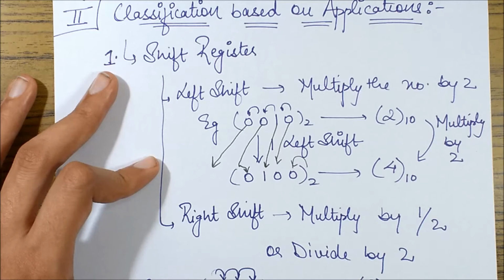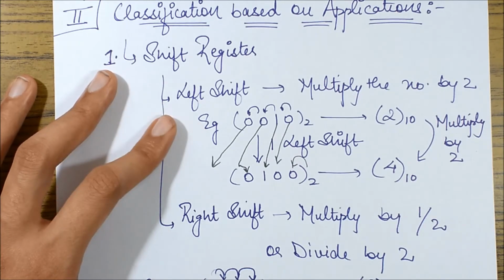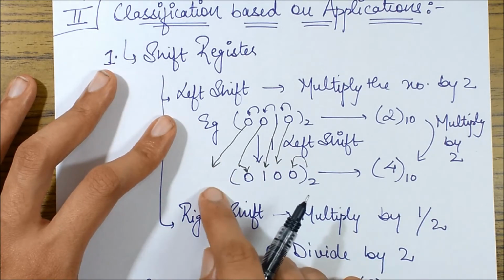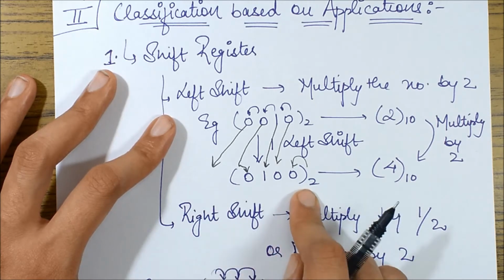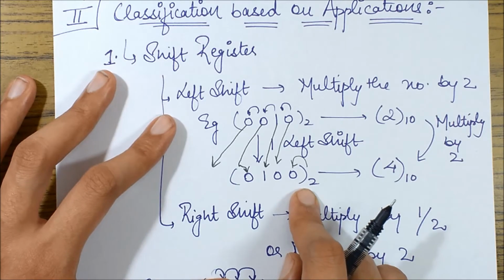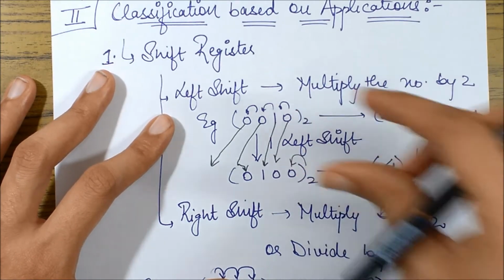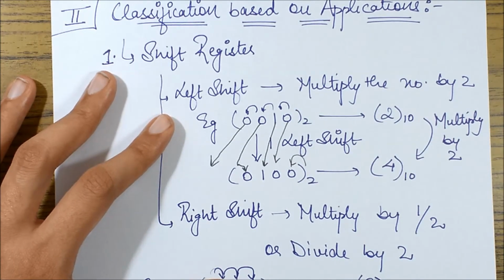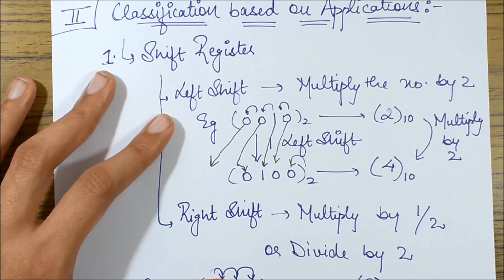So this one offers the output to be viewed at all the bits, so this is a classic case of serial in, parallel out. We'll go into the details of how the serial in, serial out and the other registers work in the following videos.